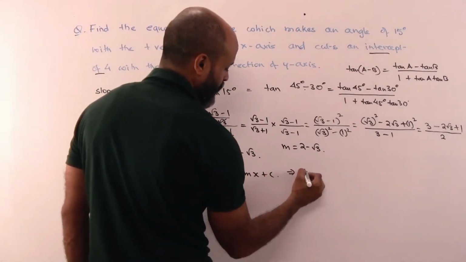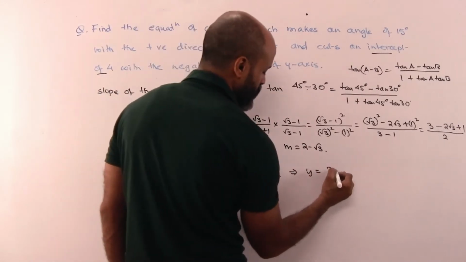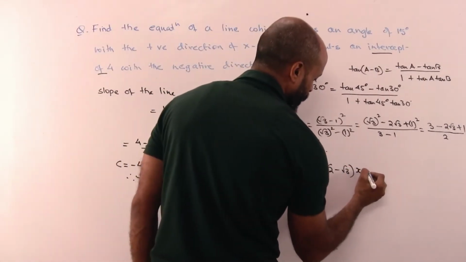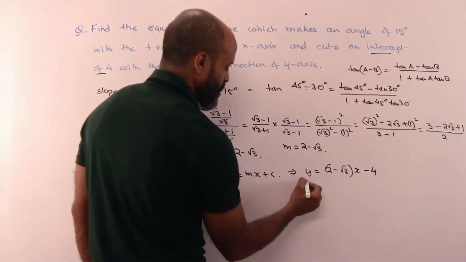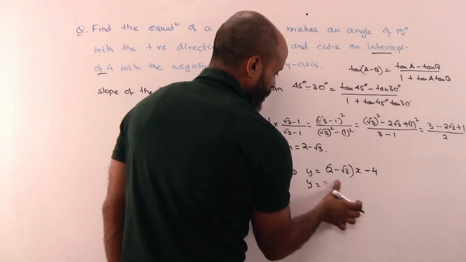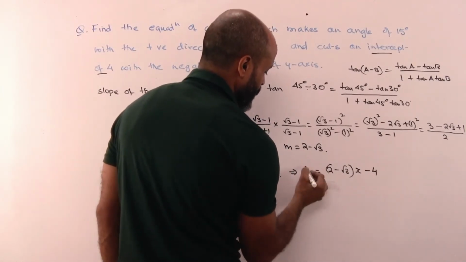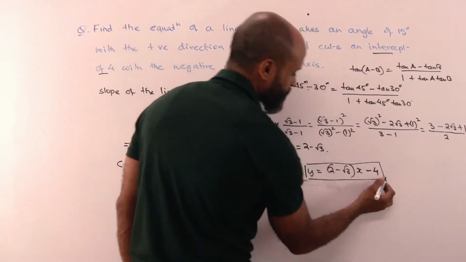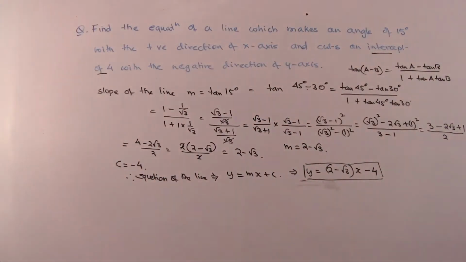Here y equals m, that is 2 minus root 3, into x, and c is minus 4. This is going to be the equation actually; we can't simplify it further: y equals (2 minus root 3)x minus 4. This will be the equation of the line.